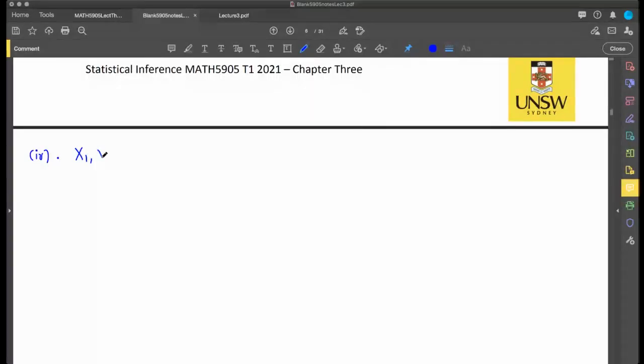Okay. Again, we have our IID observations, x1 to xn, and they're going to be independent and identically distributed according to the Cauchy distribution with some parameter theta. And its density function is given by the following.